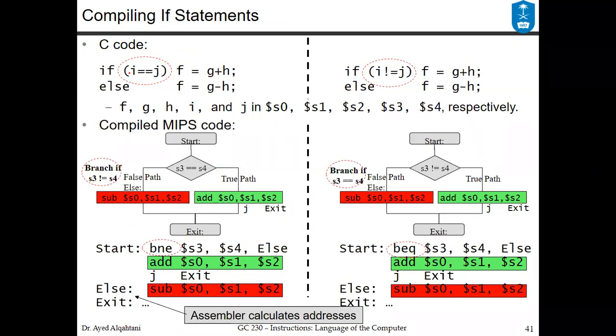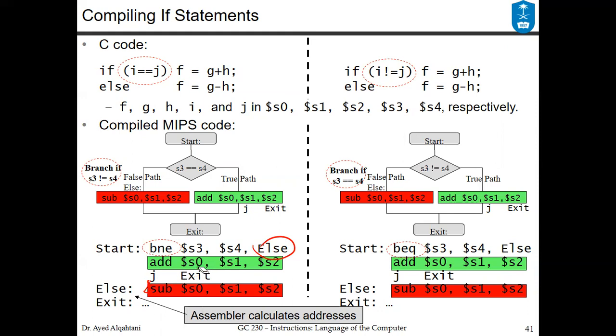Notice, using the if statement, we don't jump backward. We always jump forward. So when you branch to else, you go right there. The direction of the jump is going down.